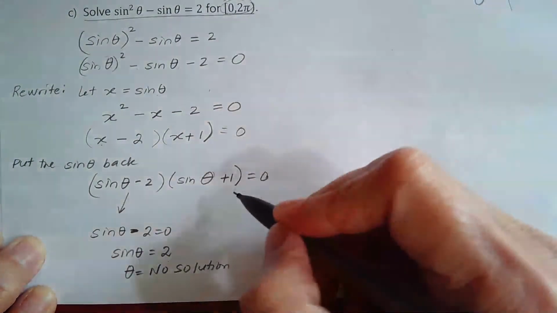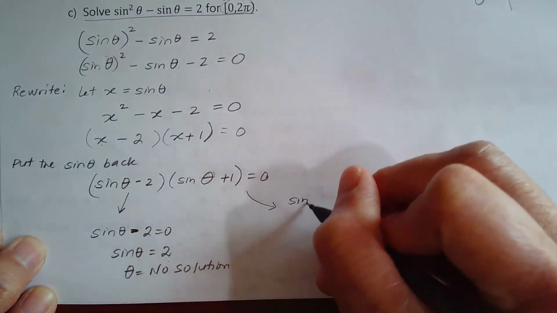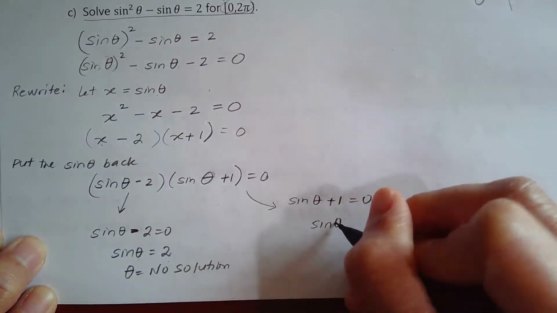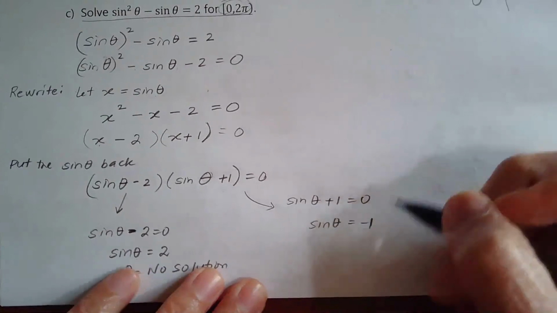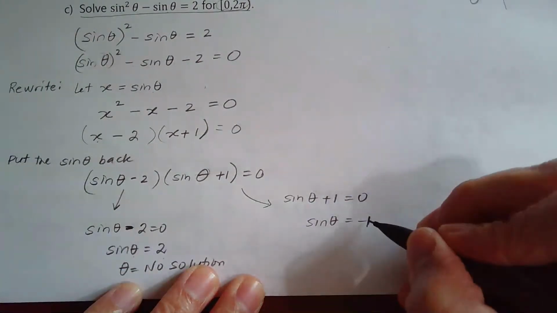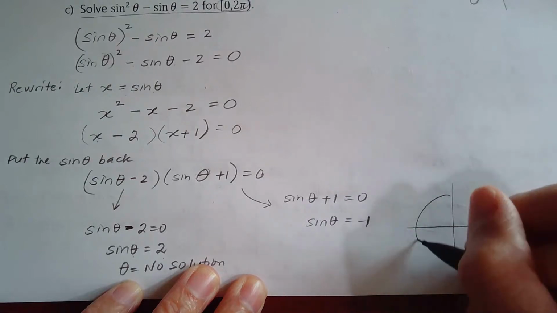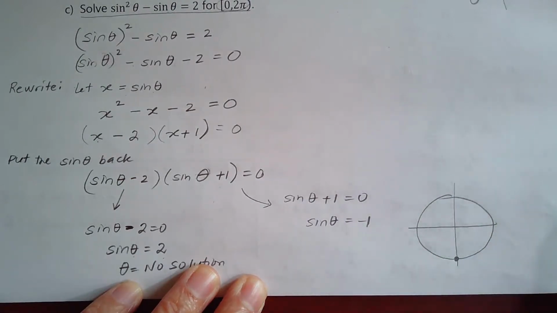Now what about the other one? Sine theta plus 1 equals 0, so sine theta equals negative 1. Where is sine exactly negative 1? That's part of the unit circle, a special angle, right here.